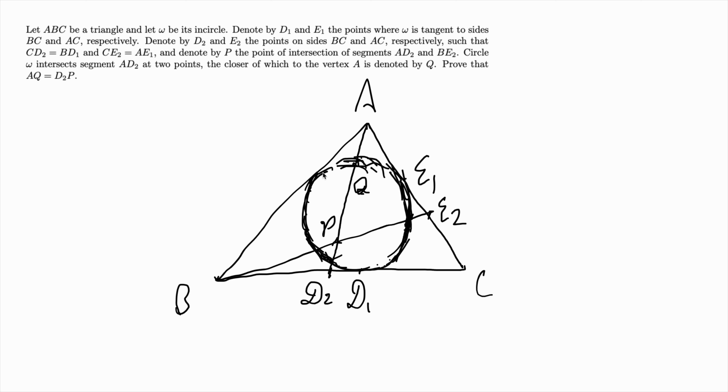I'm starting to like my figure. We just need to prove that AQ and D sub 2 P are the same, and I'm going to denote them with different colors. So this length and this length are the same.